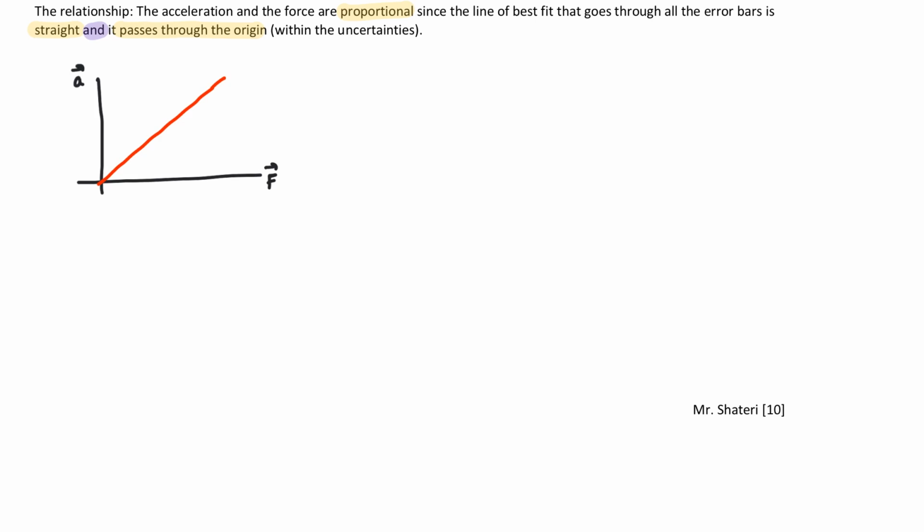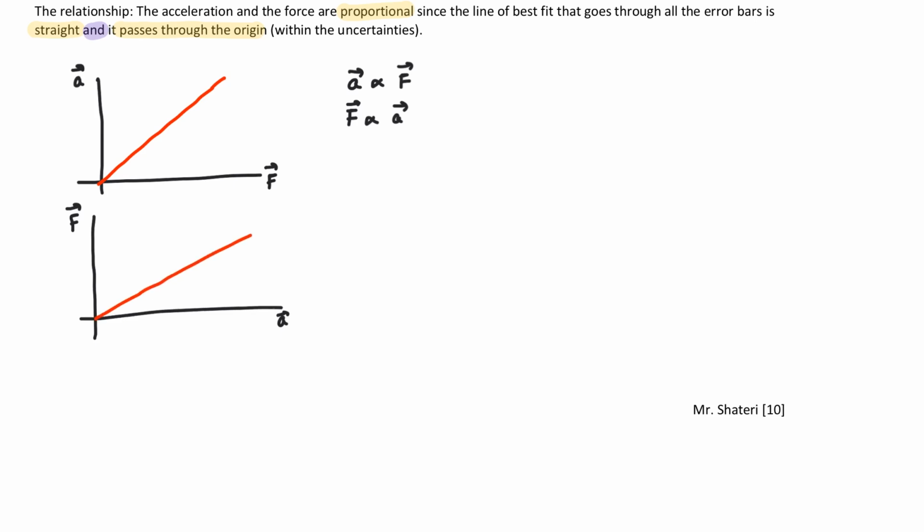If you want to find the equation for this, actually before that, since they're proportional, we can say that acceleration is proportional to the force, or that force is proportional to the acceleration. In this case, if we were to redraw this as force and acceleration, we would find out that it also follows the same pattern.